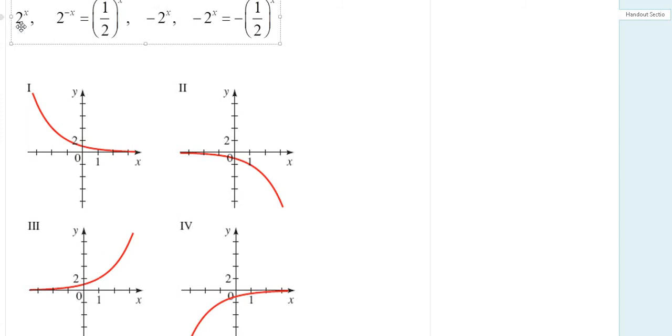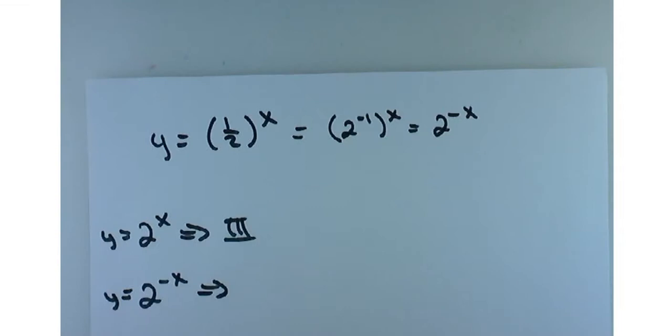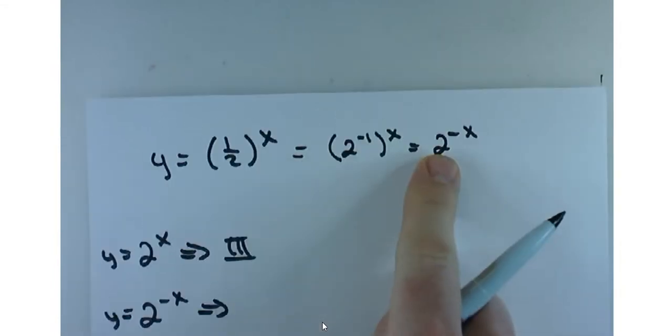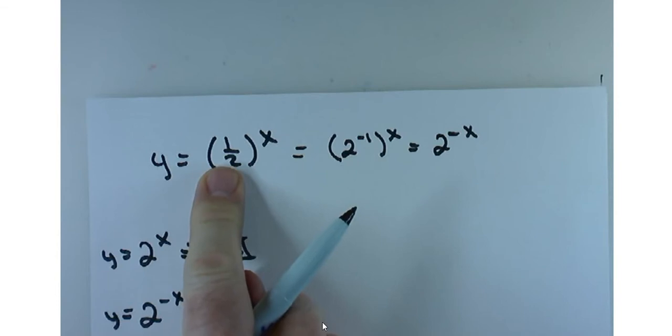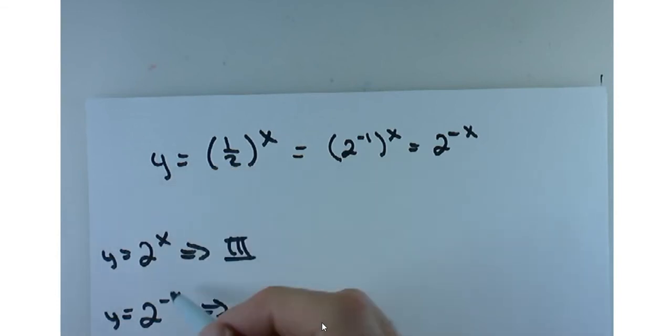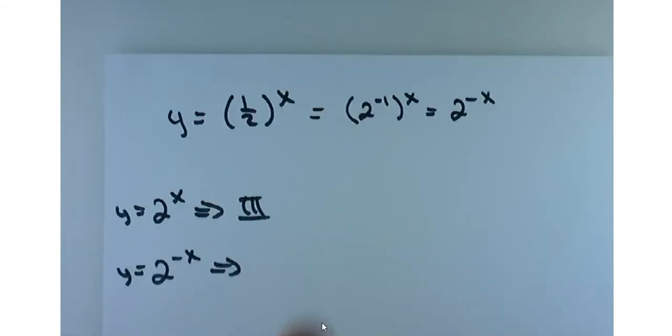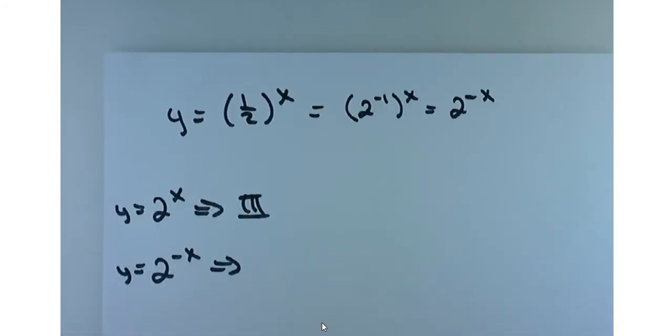How about 2 to the negative x? Let's take a look at that one. There's a couple ways you could think of that. One way is you can think of it as 1/2 to the x. Another way is that by plugging in this negative x, you're reflecting your graph around the y-axis.